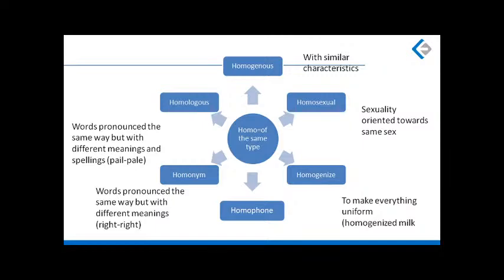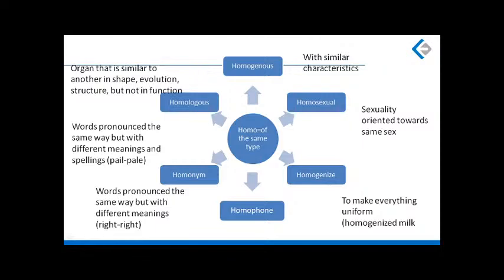That onyma gives you antonyms, opposite meaning words, synonyms, same meaning words, homonyms, words that are pronounced the same way. Take the example of pale and pail, bear and bare, or another example of write and right. All of these have the same pronunciation, different meanings, different spellings.